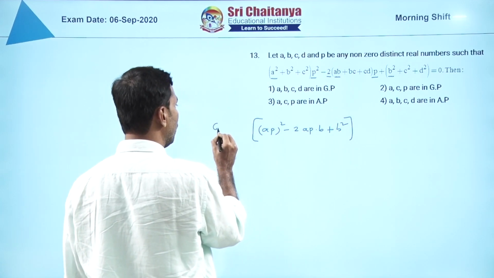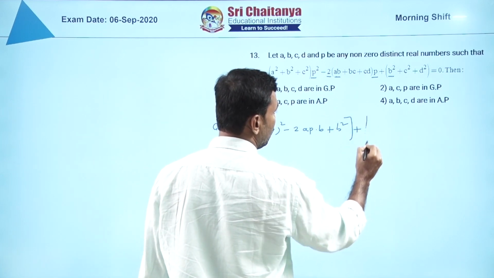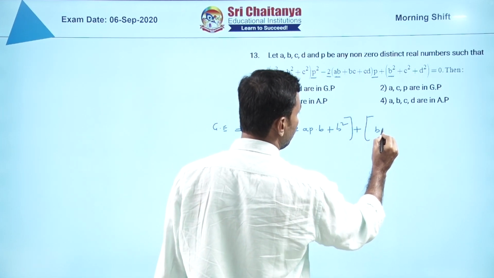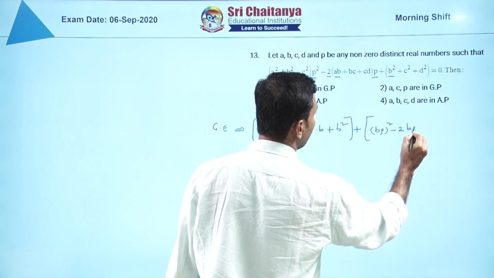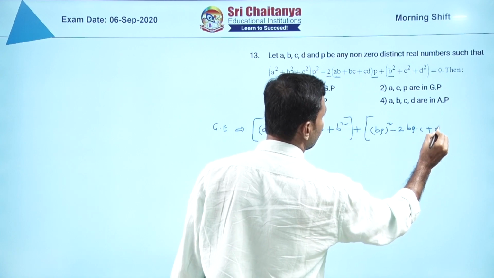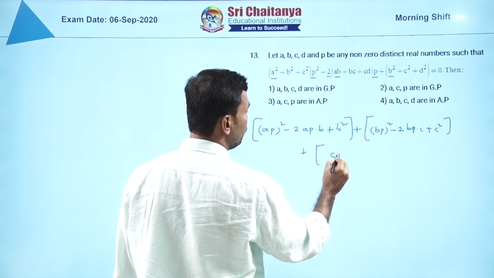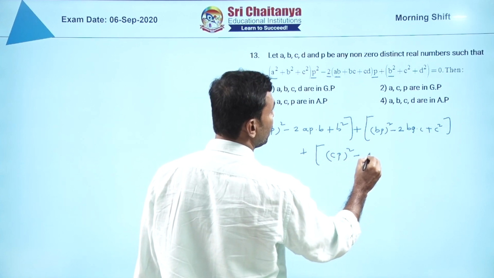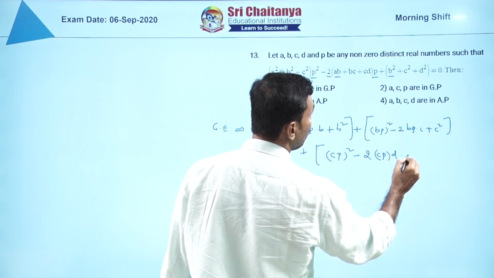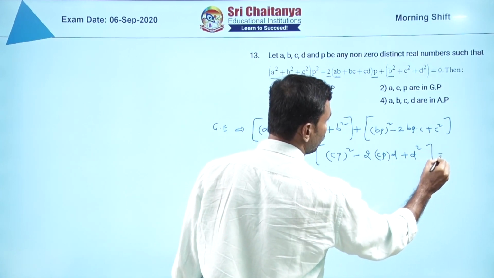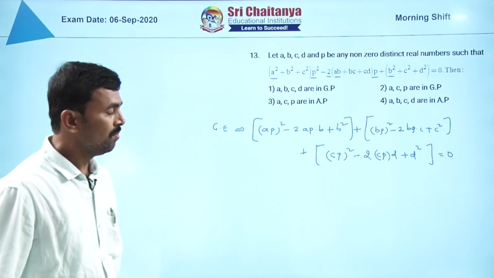So, the given equation implies, similarly, BP whole square minus 2 times BP into C plus C square, plus CP whole square minus 2 times CP into D plus D square is equal to 0. So, the given equation can be adjusted in this form.